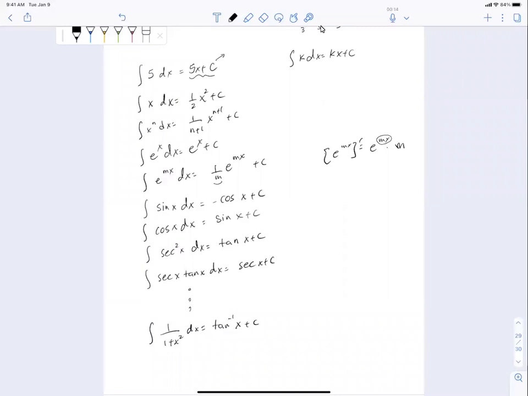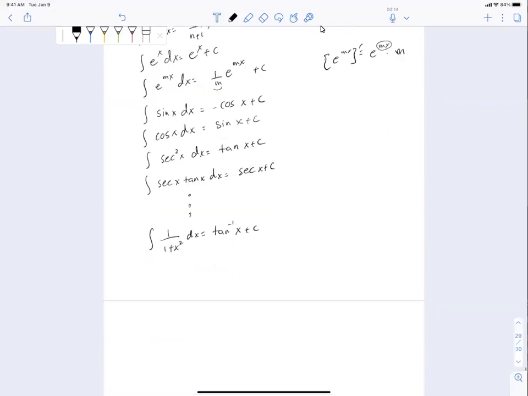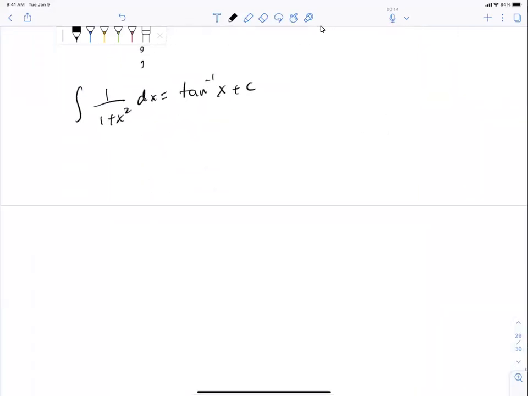What evaluate means is that you're plugging in the bounds to calculate the function value at those bounds. So it's a definite integral, and you're getting a net value for your functions, whereas for problems 5 through 18, you get a family of antiderivatives for the function. So that's a general integral.